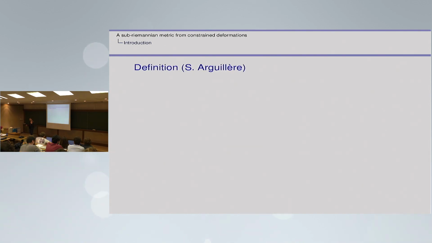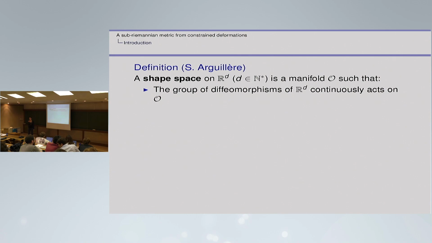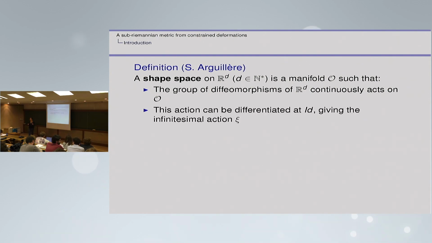It's a definition of shapes that was formalized by Sylvain Arguillère, who did his PhD with Emmanuel Trélat and Alain Trouvé. We'll say that a space is a shape space on R^d if it is a manifold such that the group of diffeomorphisms of R^d can act on it, and can act continuously. We also assume that this action can be differentiated.